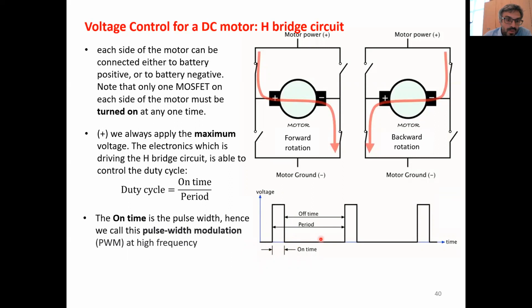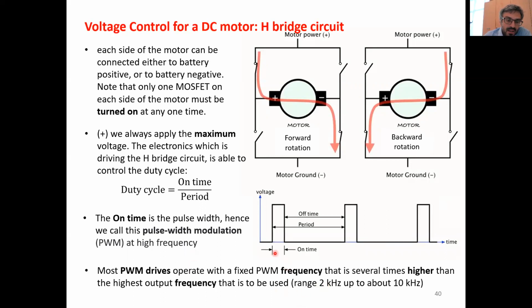So this is the period of the square wave, let's say usually around 10 kilohertz. By adjusting the time where we apply the maximum voltage, called the on time, while the duty cycle is the ratio between the on time and the period, we achieve what is called pulse width modulation, PWM.